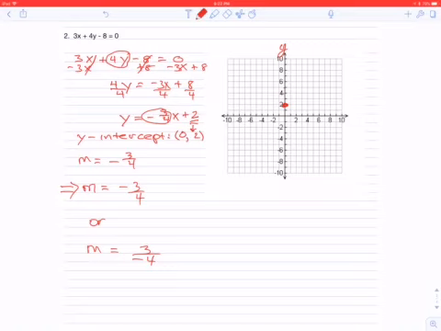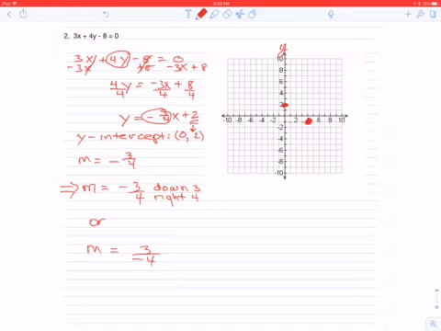So from the y-intercept, since the numerator is negative, that says I'm going down 3. Now the denominator is positive. That tells me to go right 4. So starting from the y-intercept, I'm going down 3, 1, 2, 3, right 4, 1, 2, 3, 4. There's my point.